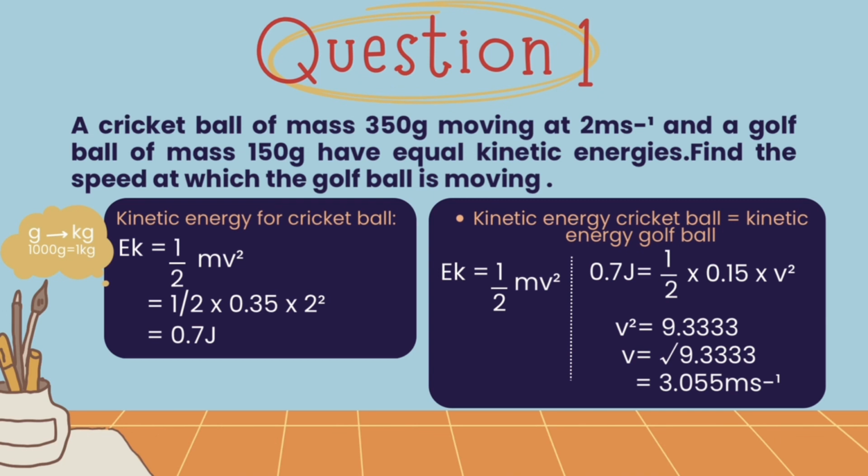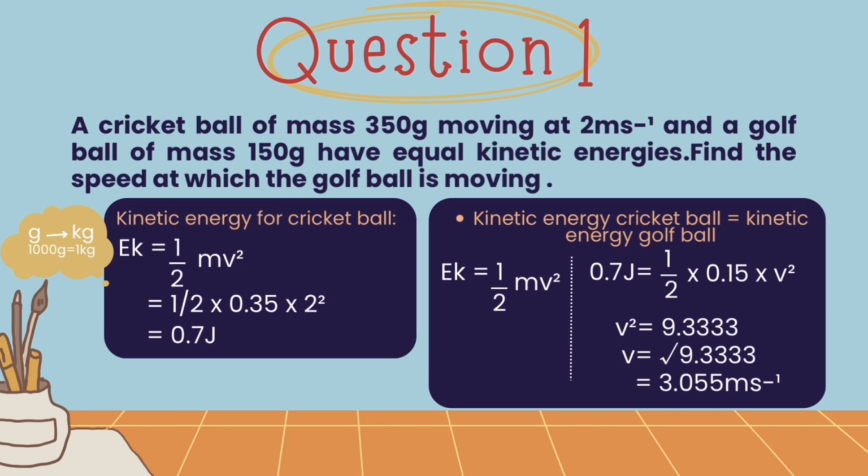First, we need to find the kinetic energy for the cricket ball. We already know the mass of the cricket ball is 350 gram, and the velocity of the cricket ball is 2 m/s. Now we will apply this information into the kinetic energy formula.